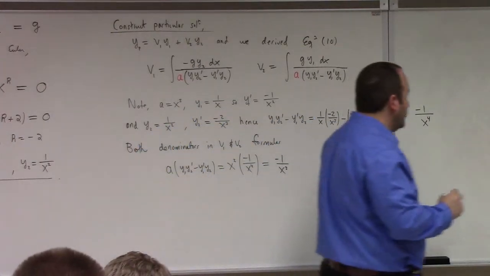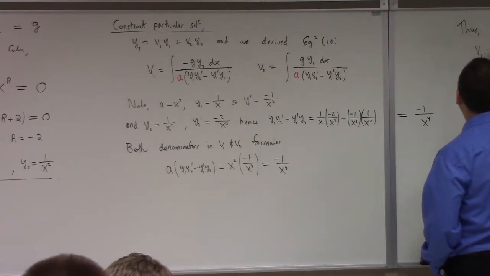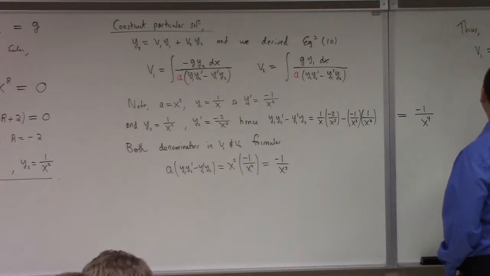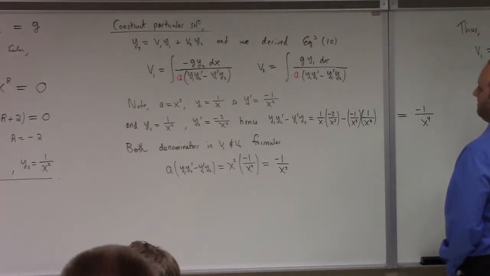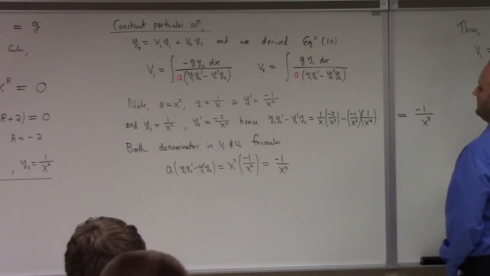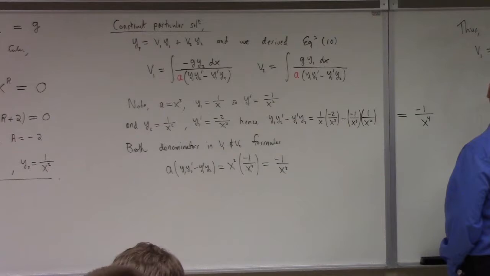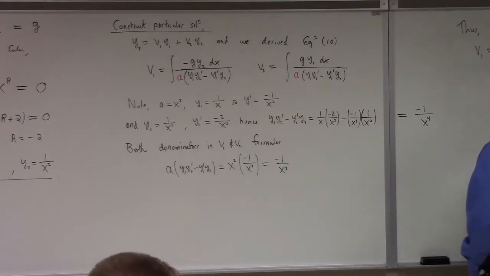Okay, so thus v1 is equal to what? It's the integral, and let's put in the details as much as we can, minus g times y2. What's y2? Y2 was 1 over x squared. And then what's our denominator? It's minus 1 over x squared, dx.